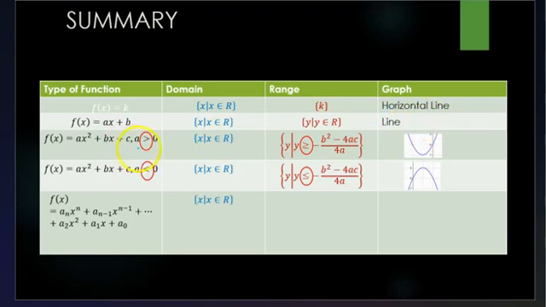For the quadratic function, when a is positive, you have a parabola opening upwards. When a is negative, you have a parabola that opens downwards, and that will affect the domain and range of the function. And then you have the last, the polynomial functions.